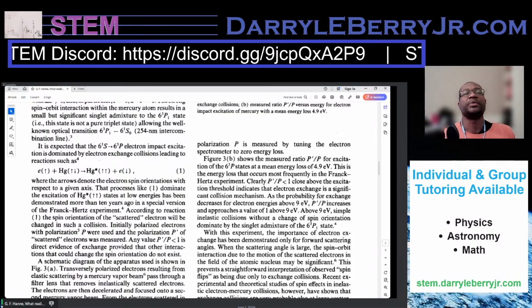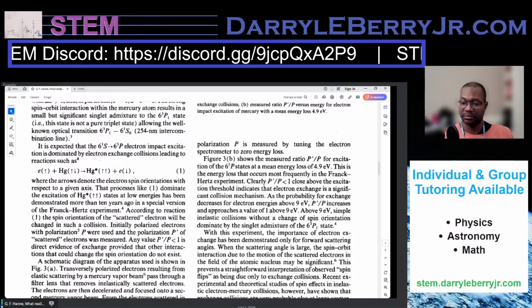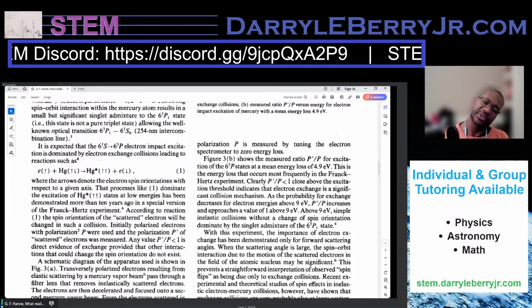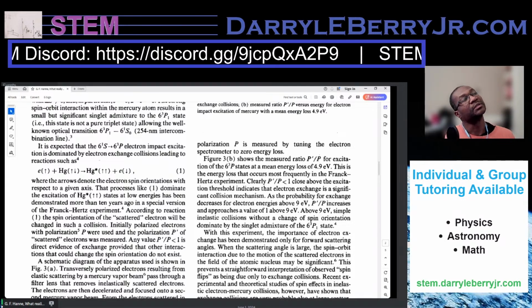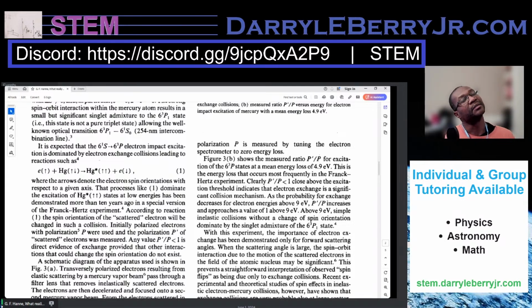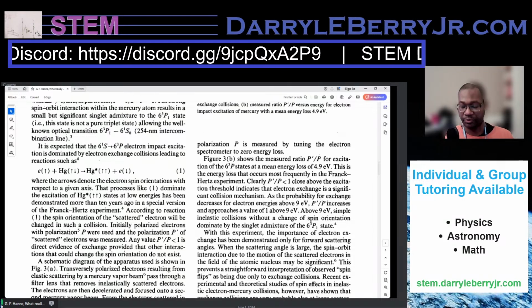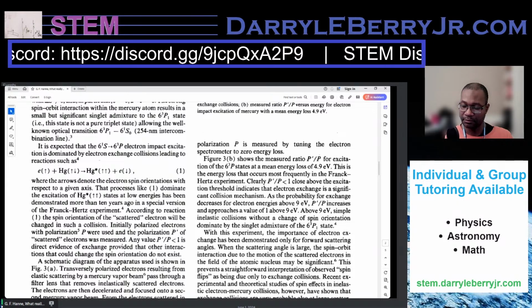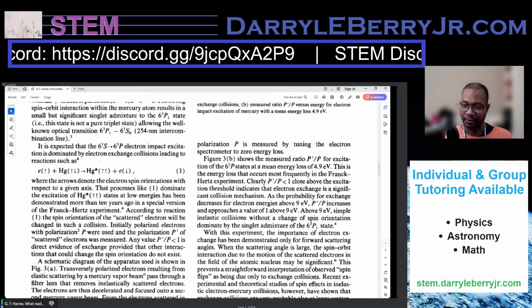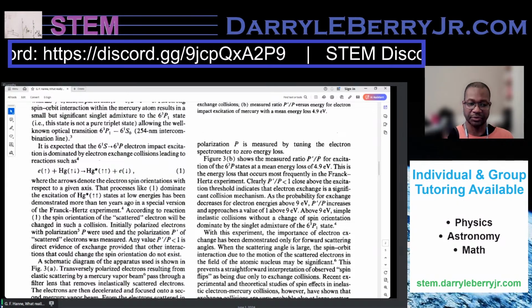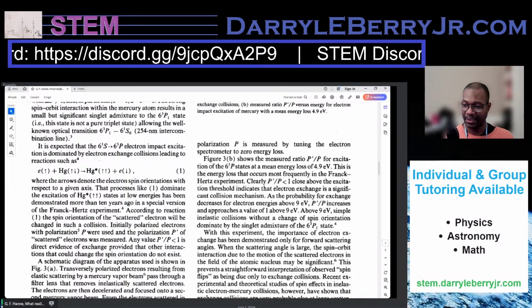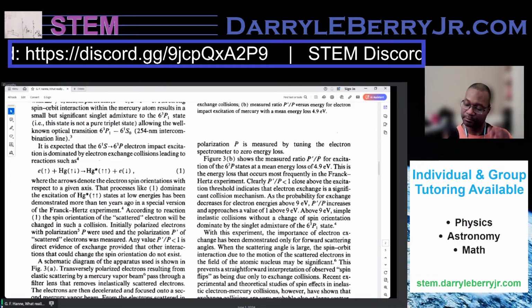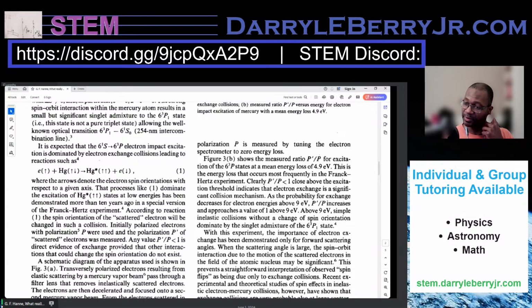So why would P prime over P less than 1 relate to an exchange? Unless they mean that, it stands to reason that not all the atoms will scatter, at least not all the electrons will scatter. So we'll have to look at that.